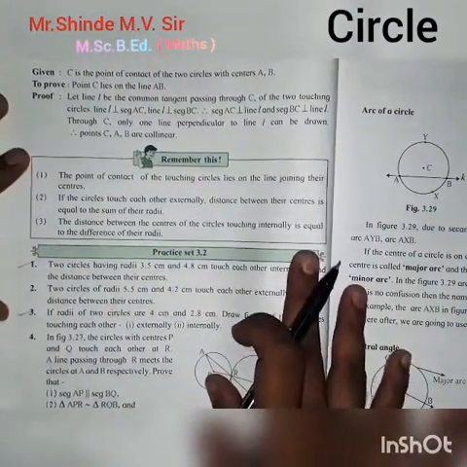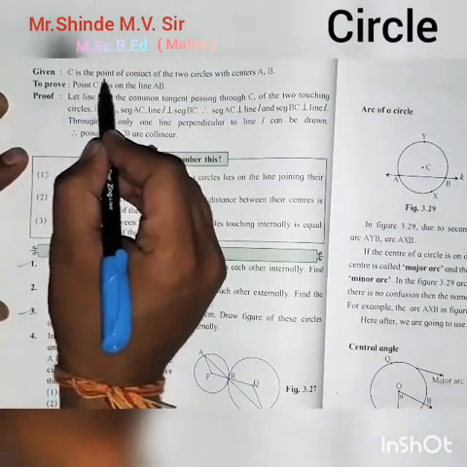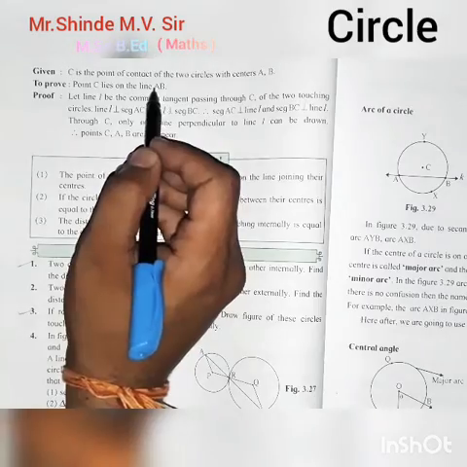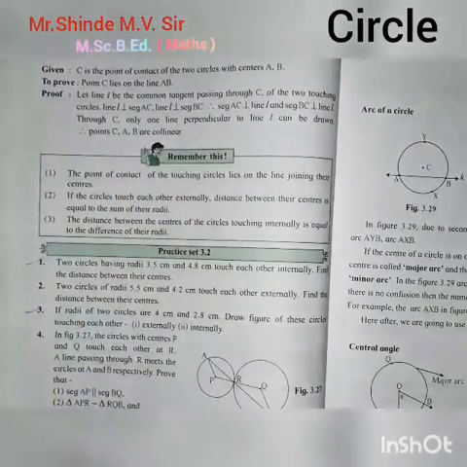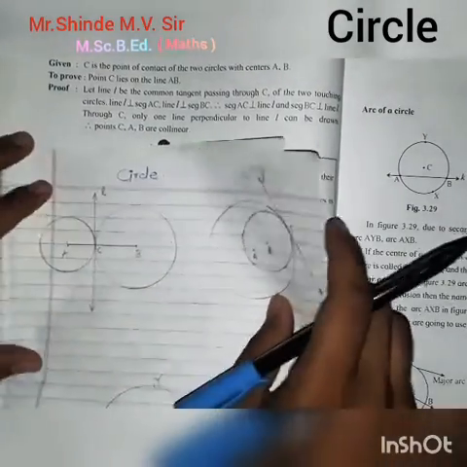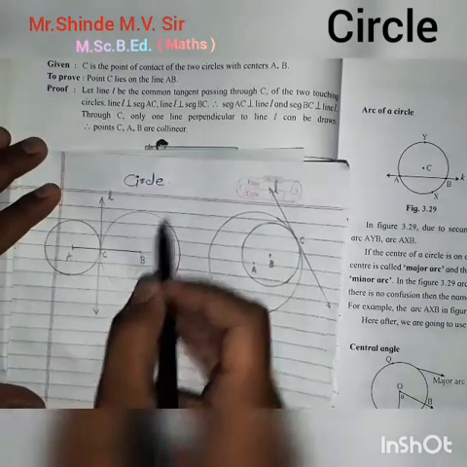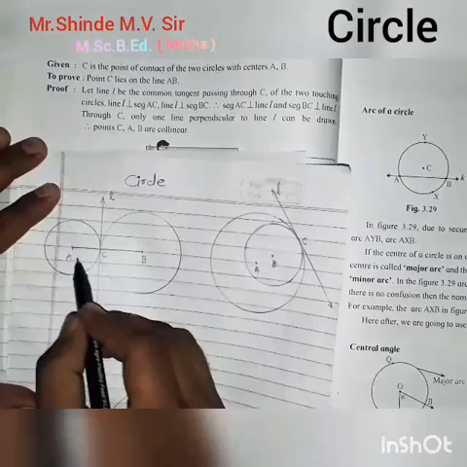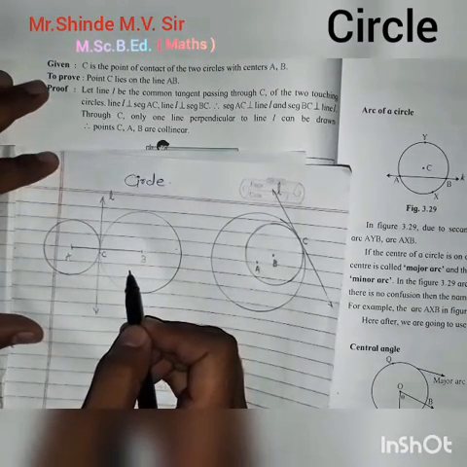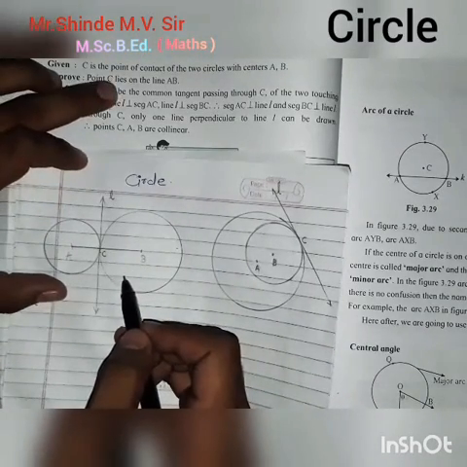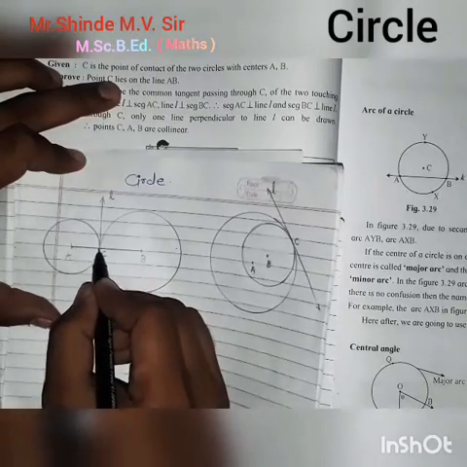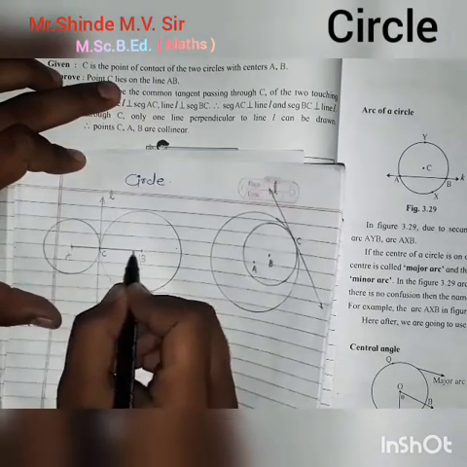Given that C is the point of contact of the two circles with centers A and B. We have to prove that the point C lies on the segment AB.